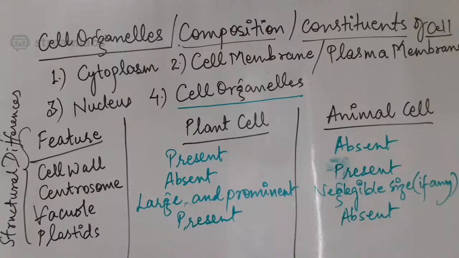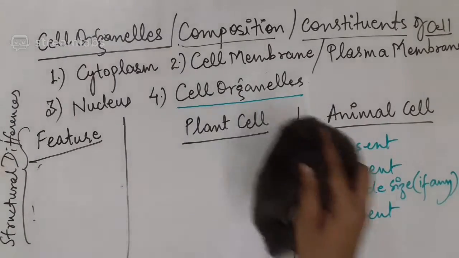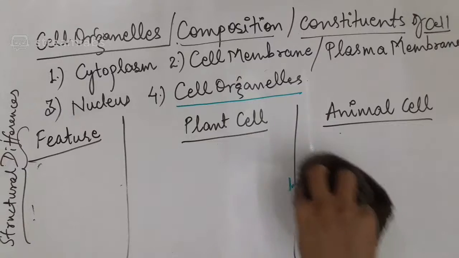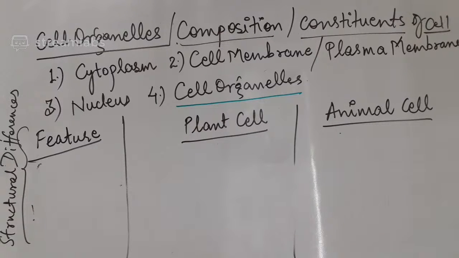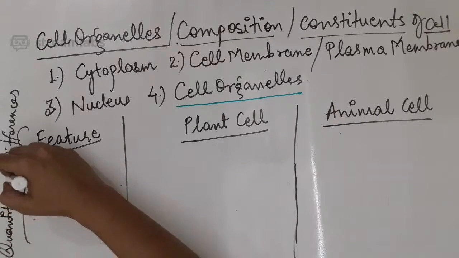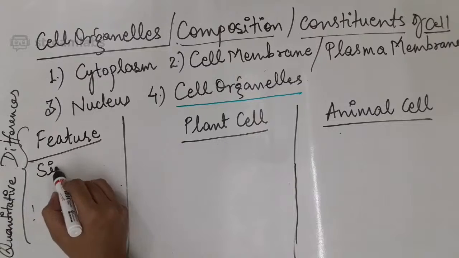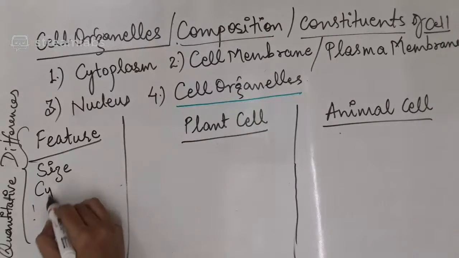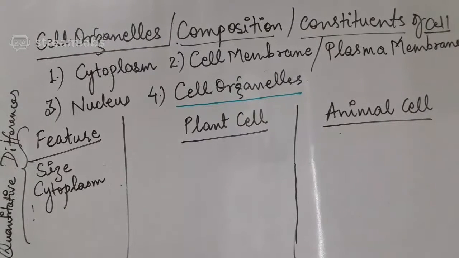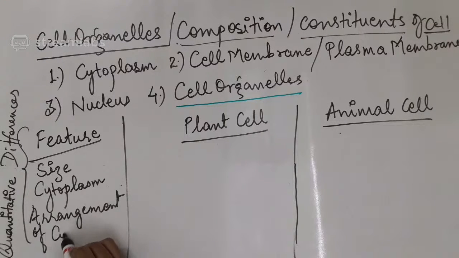Now we'll be talking about the quantitative differences. Quantity means the features including the size of the cell, amount of cytoplasm, and the arrangement of cytoplasm.